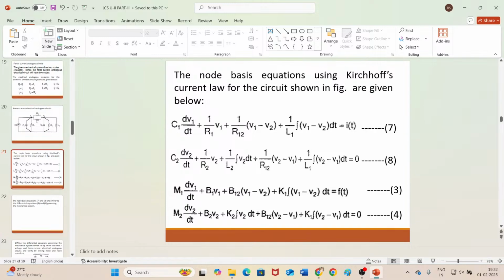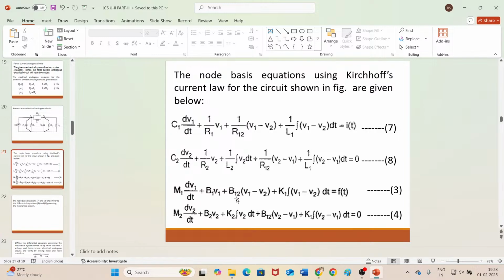Similarly, compare equation 8 with 4: C2 dV2 by dt, M2 dV2 by dt, 1 by R2 V2, B2 V2, 1 by L2 integral of V2 dt, K2 integral of V2 dt, 1 by R1 into V2 minus V1, B1 into V2 minus V1, 1 by L1 integral of V2 minus V1 dt, K1 integral of V2 minus V1 dt equal to 0, isn't it? Equation 3 is similar to 7, equation 8 is similar to 4.